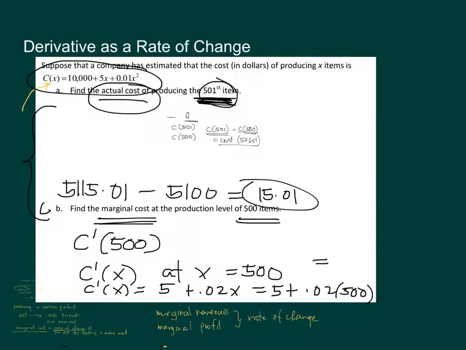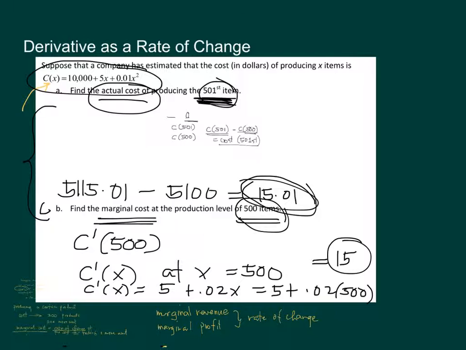If we compute for this, it is equal to 15. So you see, the marginal cost was able to estimate the actual cost of producing the 501st item by getting the marginal cost at the 500 items. Okay?